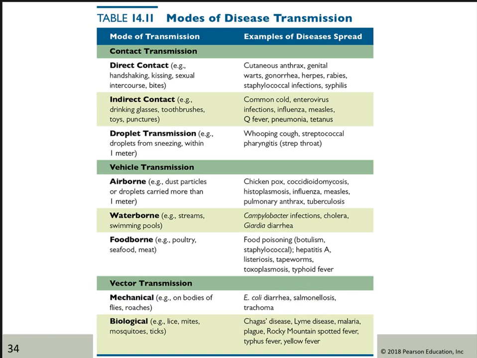And then vector transmission can also be biological, like the mosquitoes that I talked about earlier that can transmit many different types of disease, or ticks or lice or mites. And these are some examples of diseases that are transmitted by biological vectors.